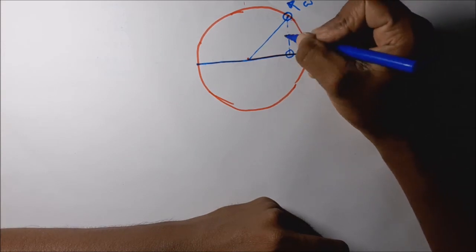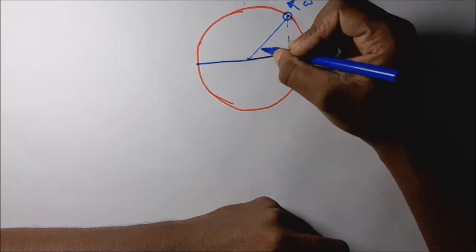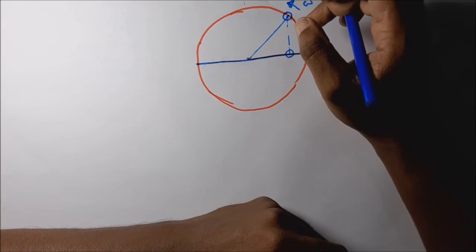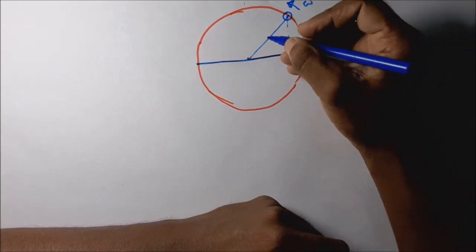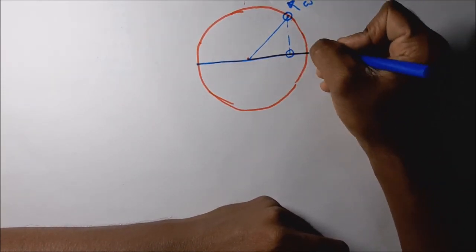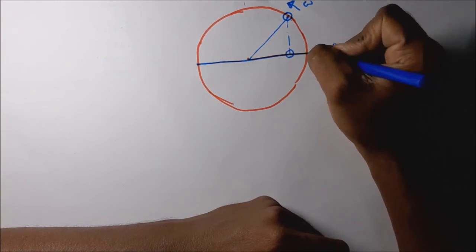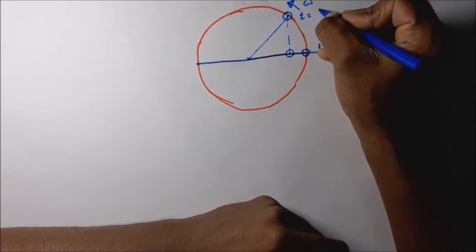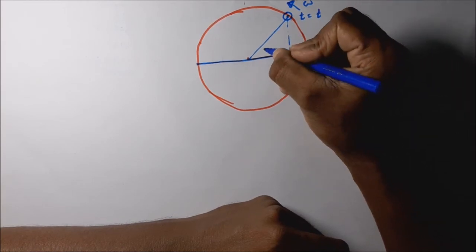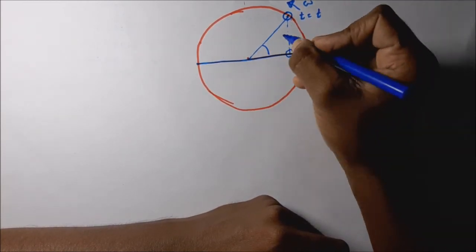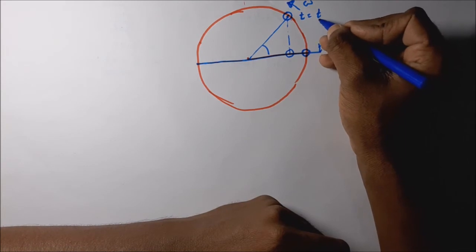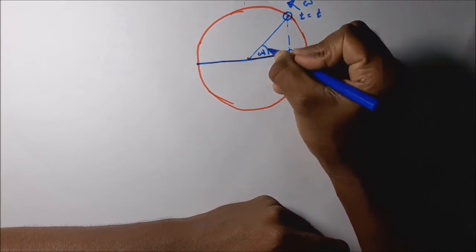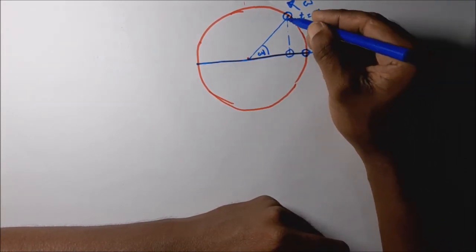Based on this diagram we can obtain the equations for the simple harmonic motion. Let's take t equal to 0 as the starting point, and this is the position at time t. The angle at time t is omega t.